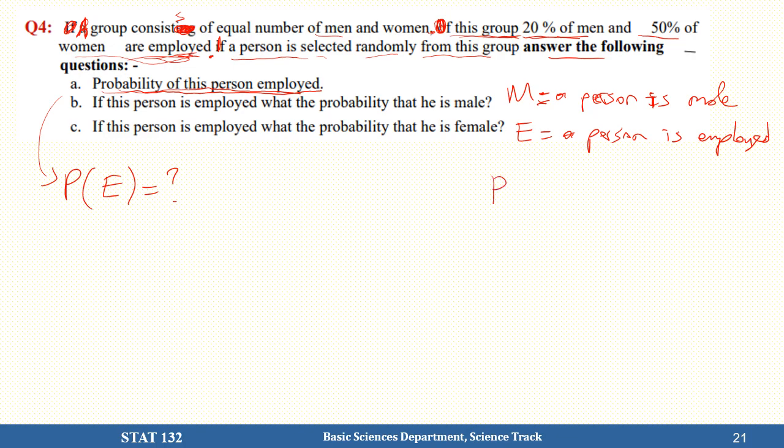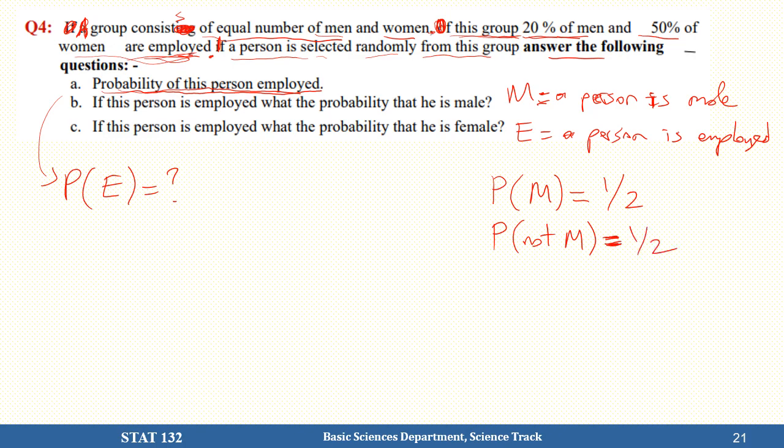First, let's write what is given here. The first thing is a group consists of equal number of men and women. So what's the probability that the person is a man? It's 1/2. And I will just write here not M because I don't want to use more symbols, so it will make it easier.